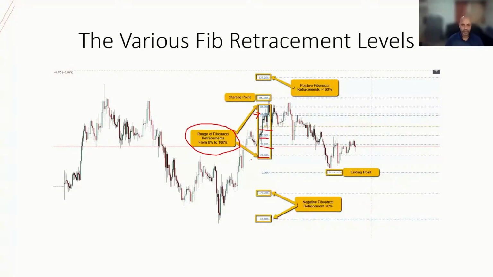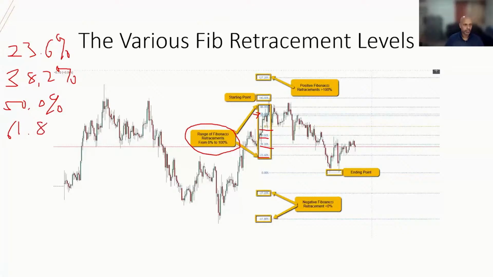So when we talk about the Fibonacci retracement levels, we're talking about the 5 key retracement levels running from 0 to 100, and they are 23.6% to be precise, 38.2%, 50%, 61.8%, which is the golden ratio, of course, and we end up with 78.6%.